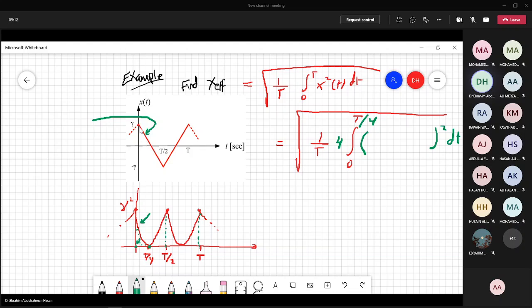Slope equals delta y, which is gamma, divided by delta x, from here to here, which is T divided by 4. The slope is negative, decreasing, so it is minus.